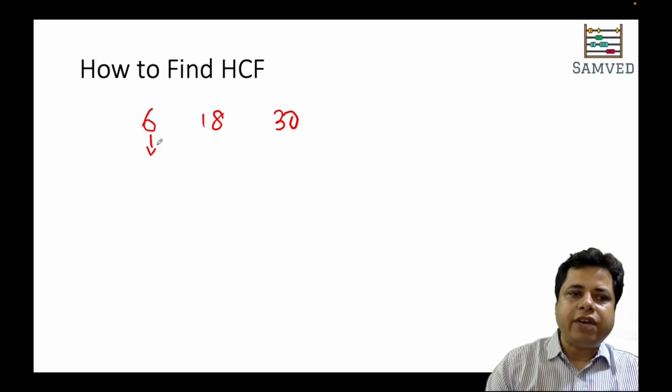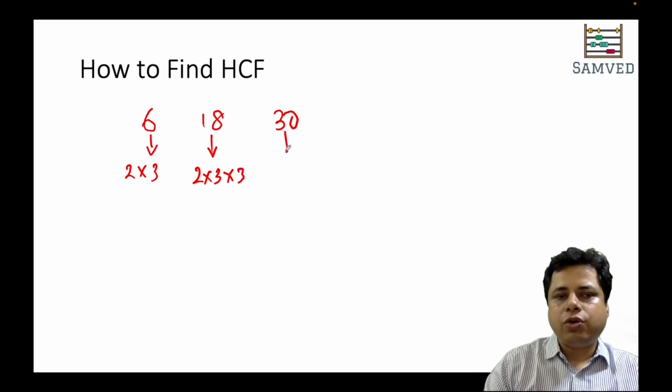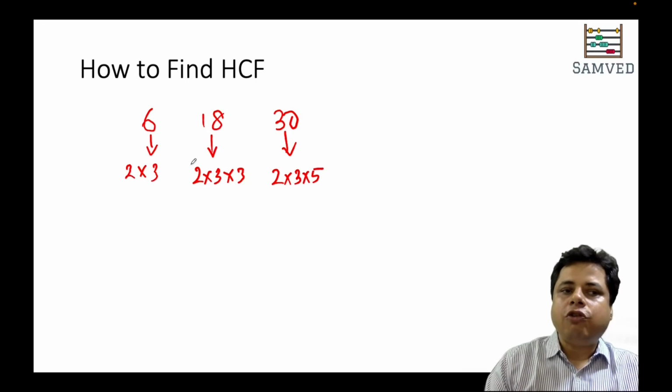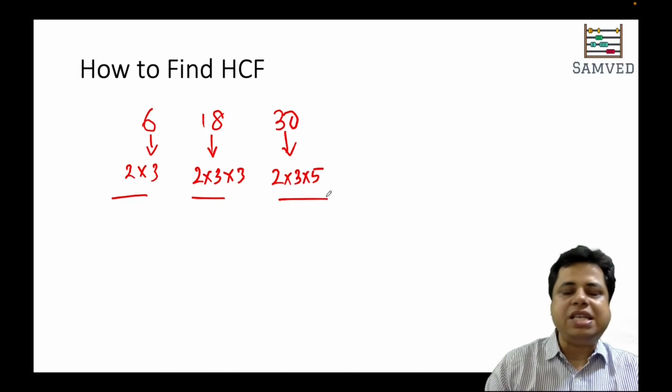We know that we can write 6 as 2 into 3. We know that we can write 18 as 2 into 3 into 3. We know we can write 30 as 2 into 3 into 5. The highest common factor would be that set of prime numbers which is common in all these three sets.